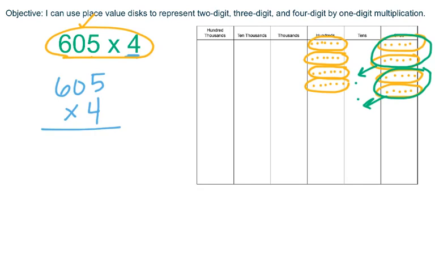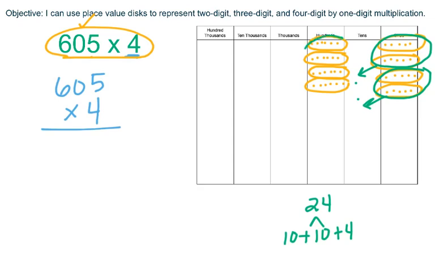I'm done with the ones place, and I'm good with the tens. Now I'm going to look at the hundreds. I have 4 groups of 6, so if I count all these dots up, I should have 24 discs. Thinking about the number 24, how many tens can I pull out? This is like saying 10 plus 10 gives me 20, plus 4, so I should have at least 2 groups of 10 here.